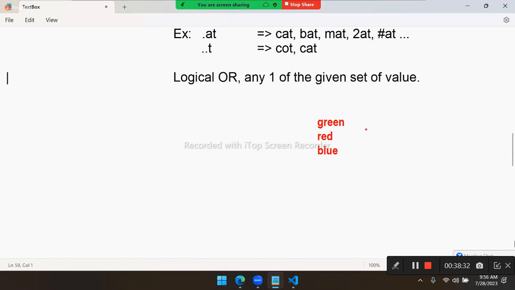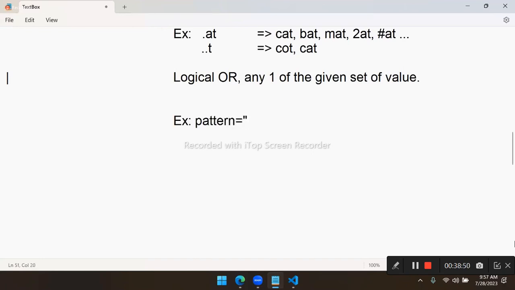Is E repeating at the same place for all? No. All are different, right? Then if all are different and we want to allow all of them, we write the pattern like this: pattern is equal to green, pipe, red, pipe, blue. That means it allows any of these three. Only any of these three.